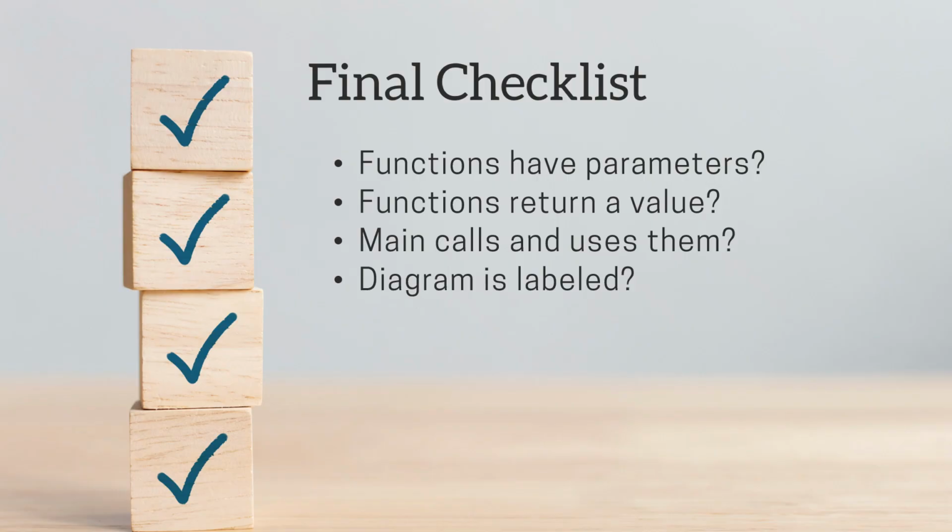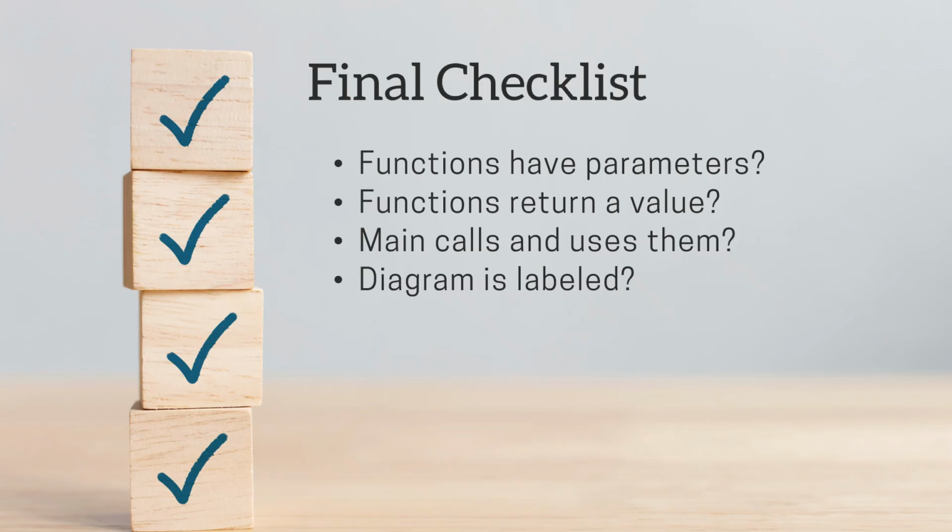Okay, so when you're submitting your assignment, this is your final checklist before you submit. I want you to ask yourself: do your functions take parameters? Have at least one parameter; if you have more than one, that's great. Do they return a value?